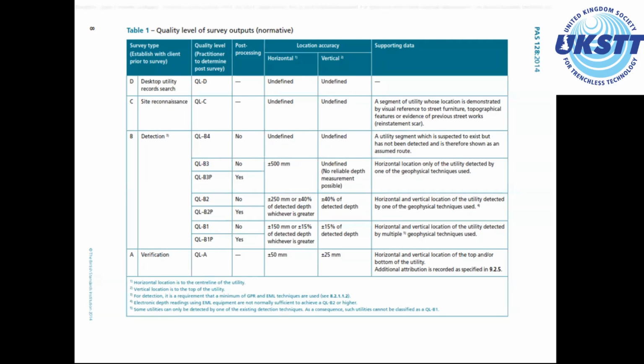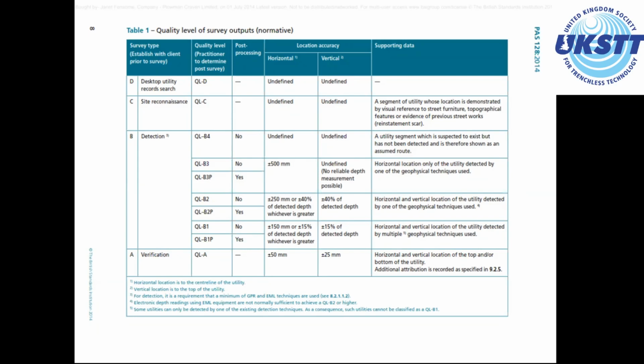These modes will detect magnetic fields within the ground and give you an approximate location of where they are. Because no signal is being transmitted through the asset or the anomaly, the equipment isn't capable of picking up its depth. So that's why there's a wide tolerance of 500 mil in regards to its horizontal location.